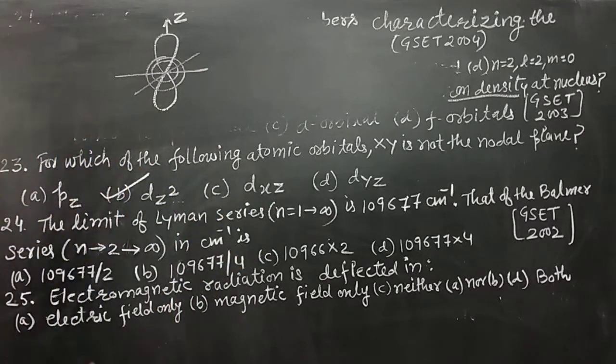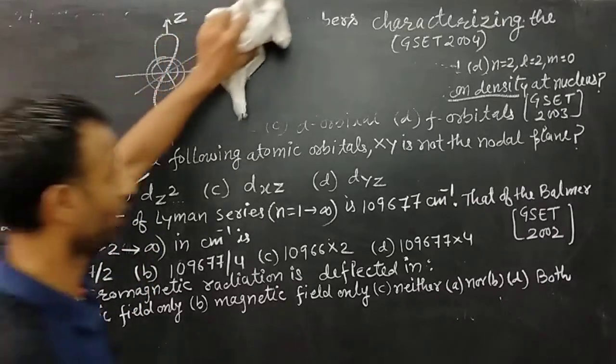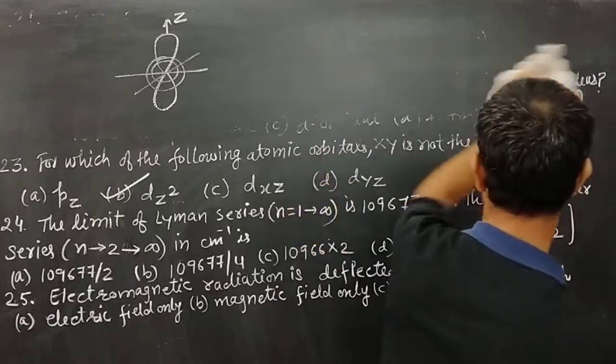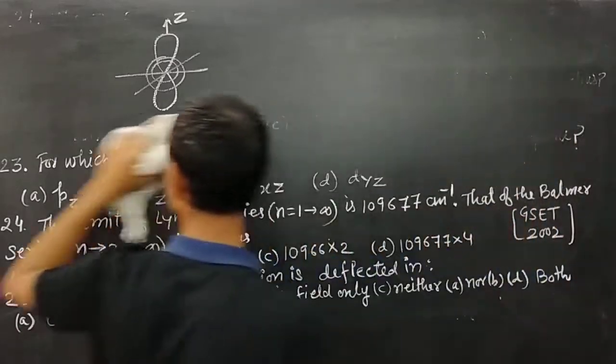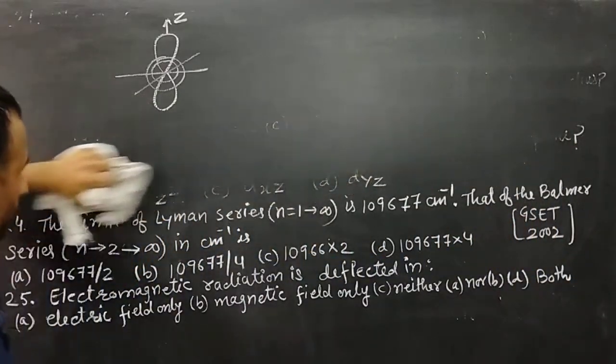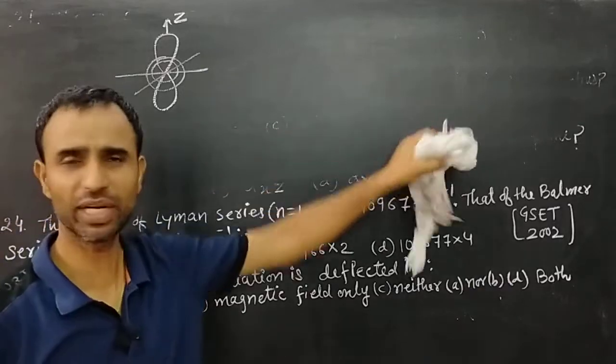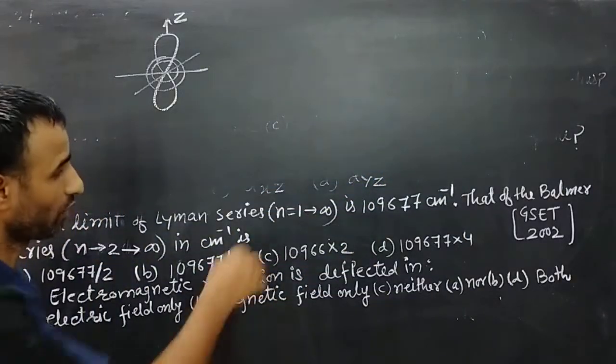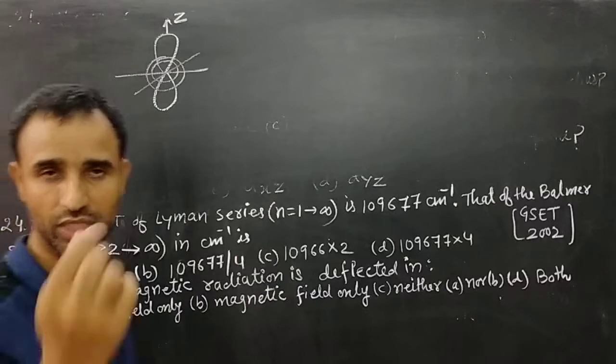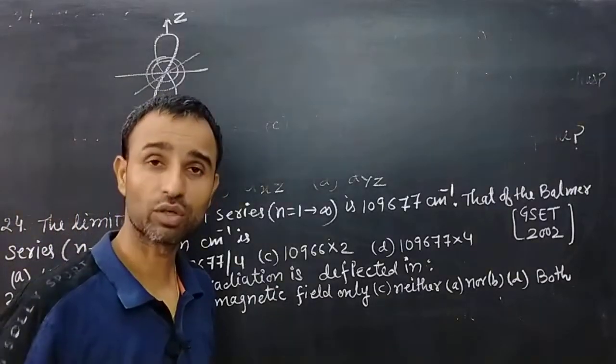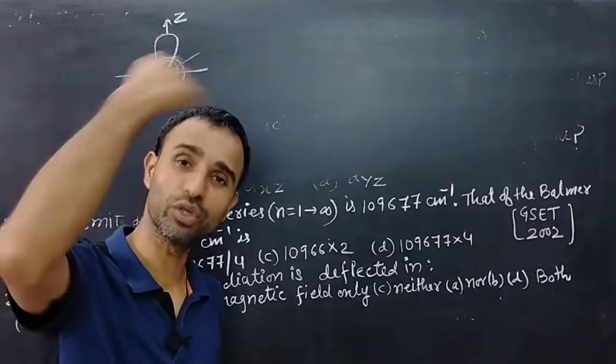Done? Okay. The limit of Lyman series. The limiting line means, you know, for Lyman series n1 is 1 and the limit of the series is n2 equal to infinity.